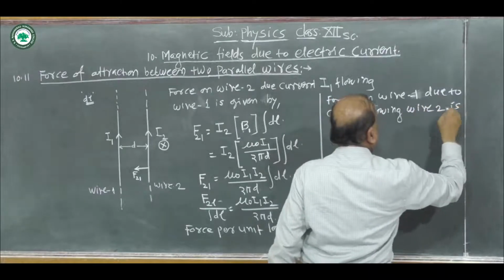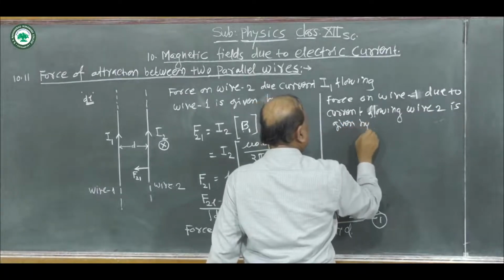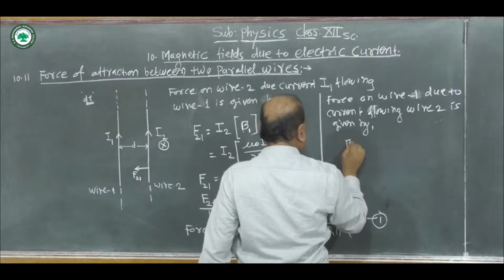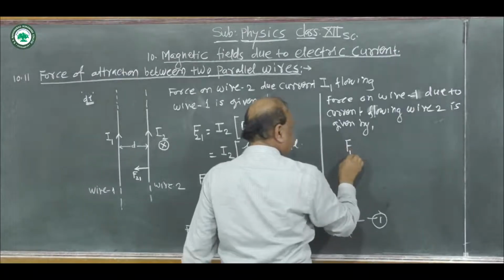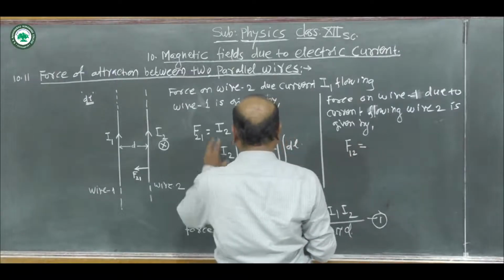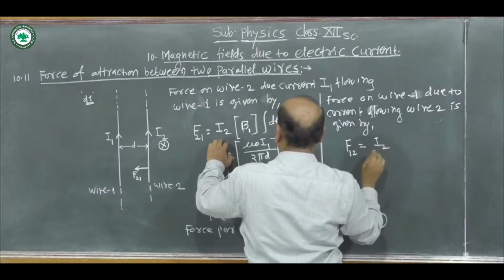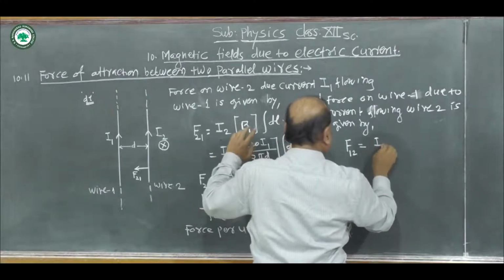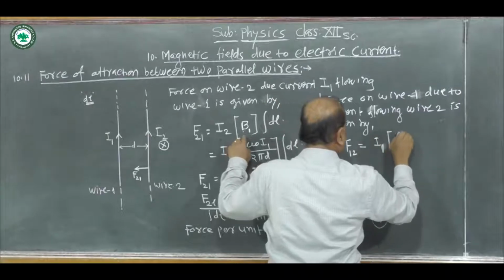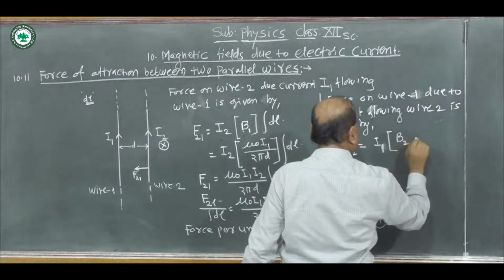The force on wire 1 due to wire 2 is given in the same manner: the current flowing through that wire is I1, and the magnetic field is produced due to wire 2.